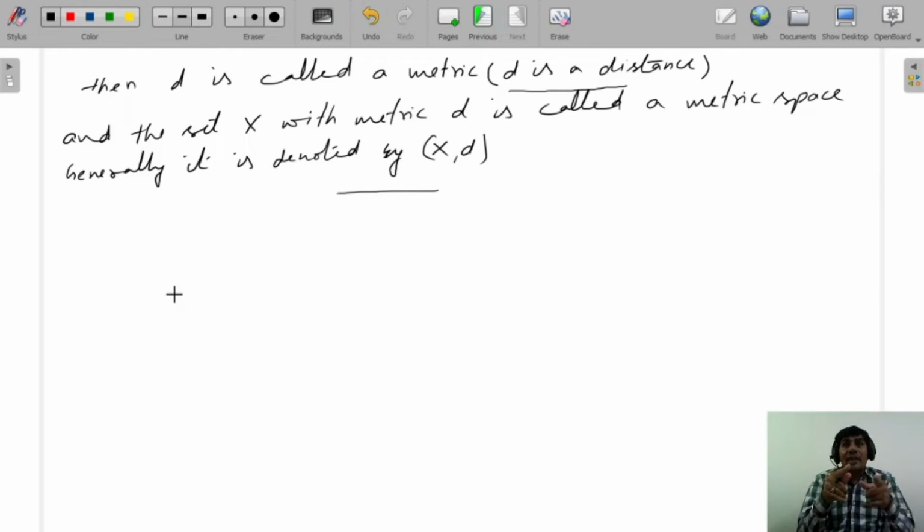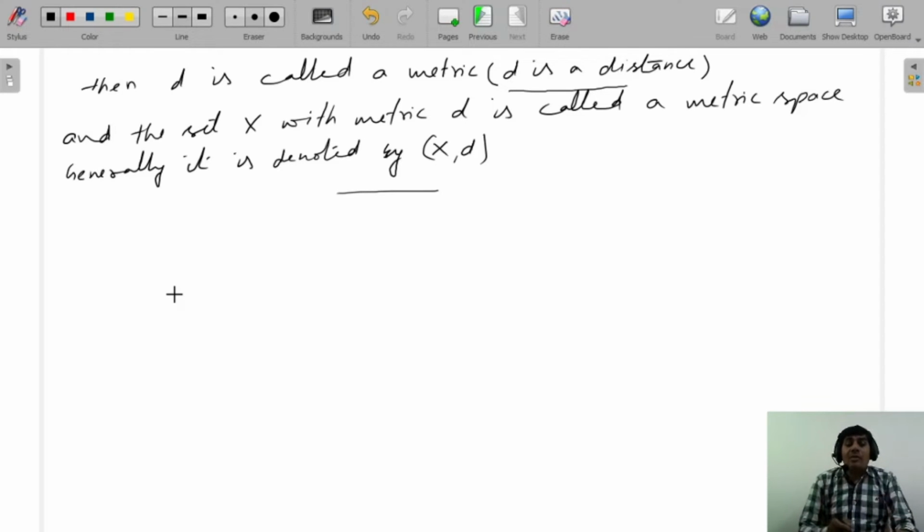Now we find the distance from the bus stop to the railway station. Does it increase or decrease? No, the same value. Therefore, the distance between any 2 points, whether measured from x to y or y to x, has the same value. Therefore, the symmetric property is also satisfied.